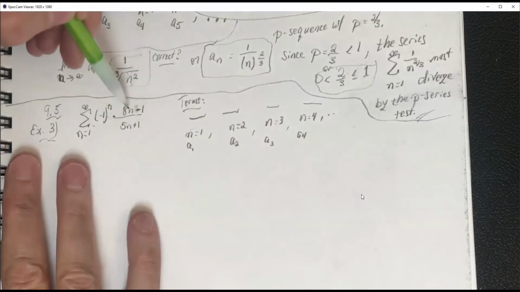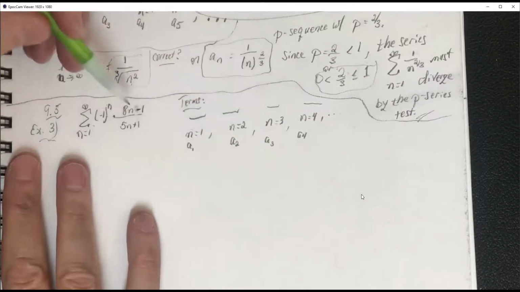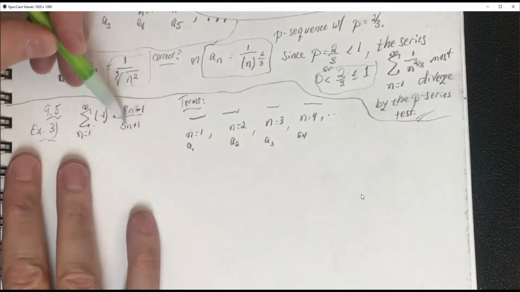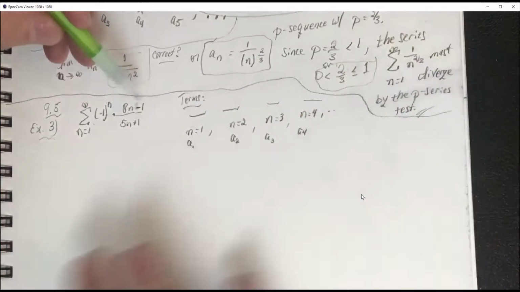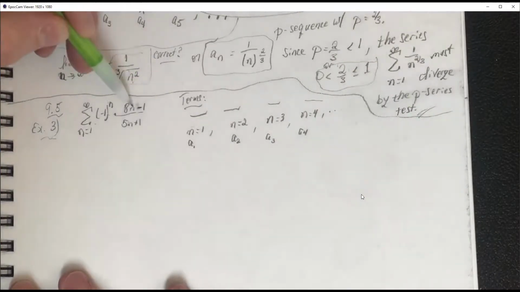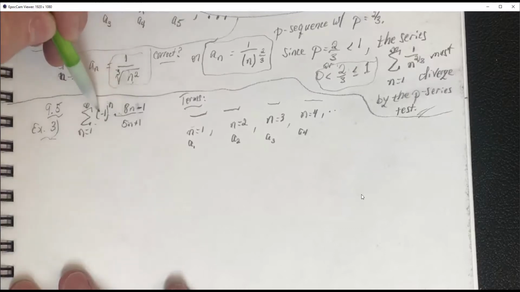The n's are positive numbers because they represent the terms of the sequence. So if you put a 2, or a 3, or a 4 to get the third term, the fourth term, the fifth term, you're going to get a positive result. And then this positive result would be some positive fraction times this part.